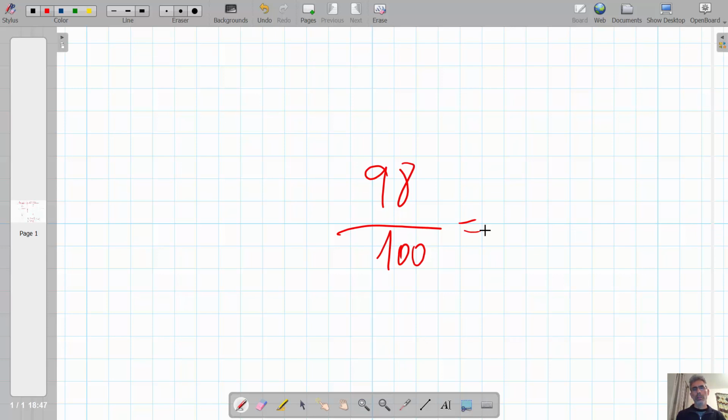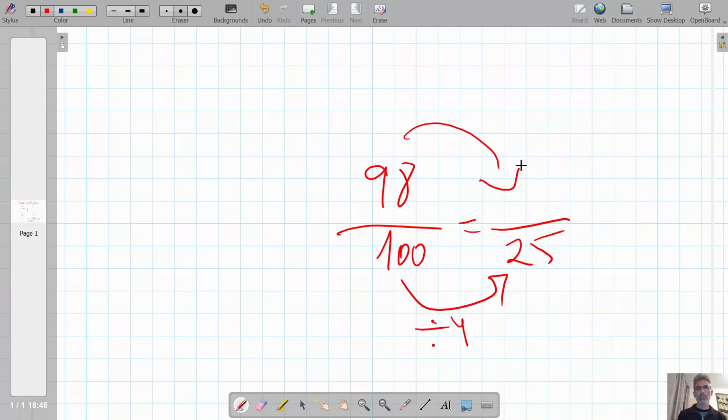To go from 100 to 25, we divide by 4. 98 divided by 4, is it divisible by 4?